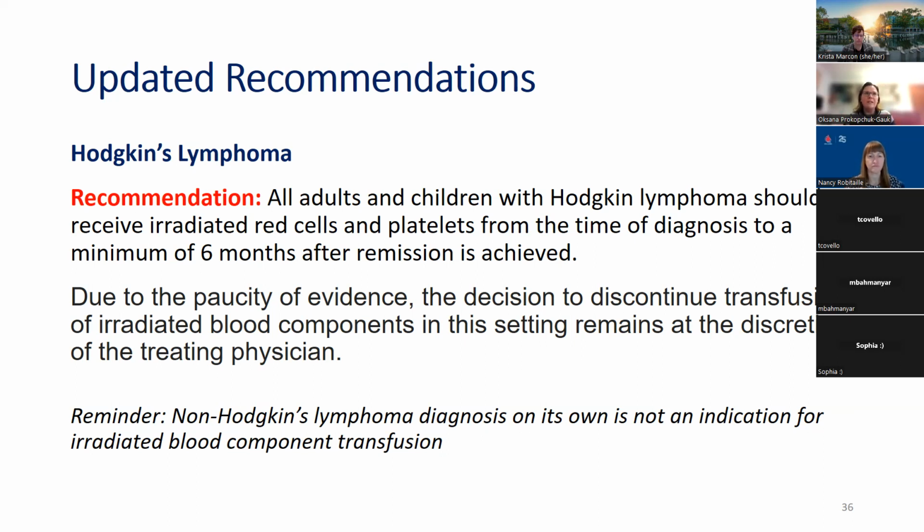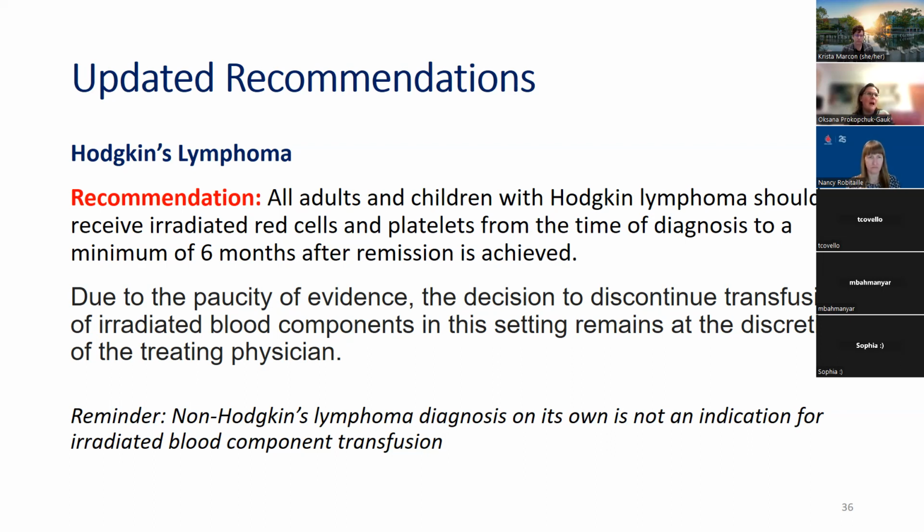So there still is that permission that if somebody in the treating team has determined that this person had a low-grade Hodgkin lymphoma, has responded well to therapy, or is 6 months post-remission, it's appropriate to lift that indication.